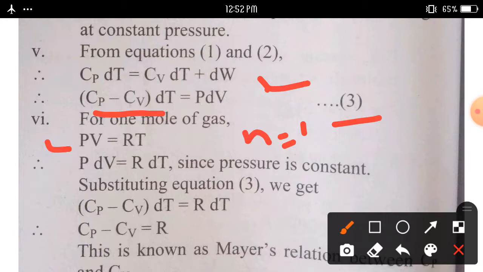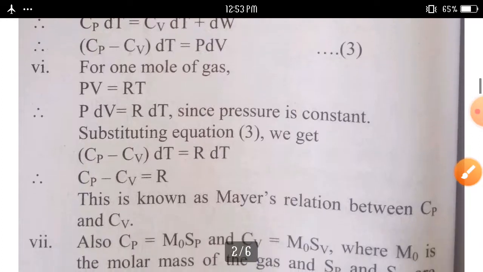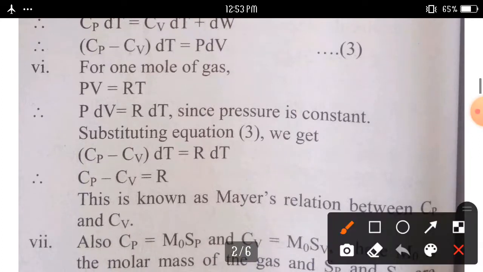Since pressure is constant, substituting this in equation 3, we get C suffix P minus C suffix V into dT is equal to R into dT. Therefore, Cp minus Cv is equal to R. This equation is known as Mayer's relation between Cp and Cv.